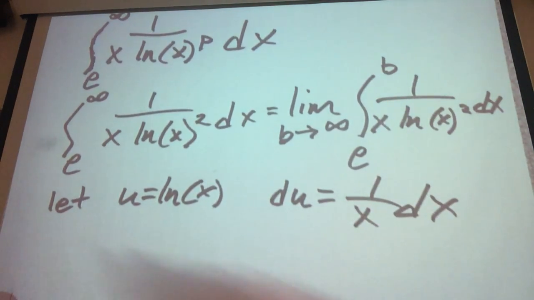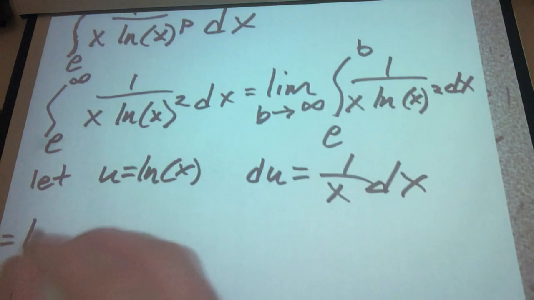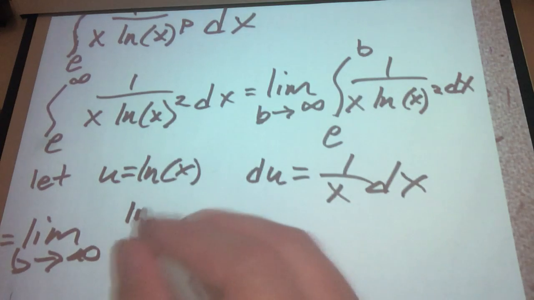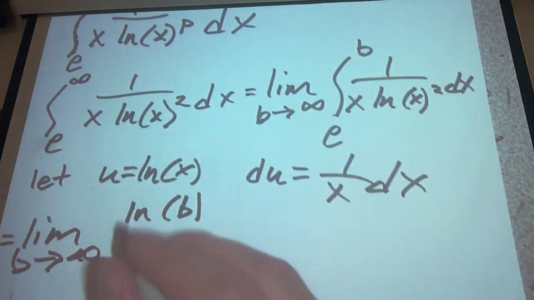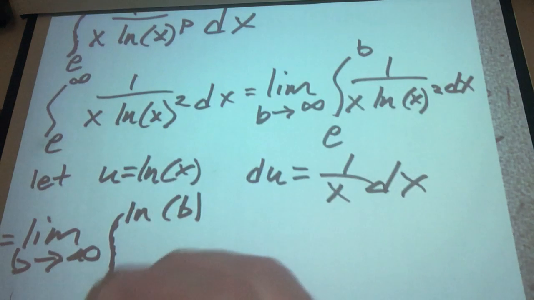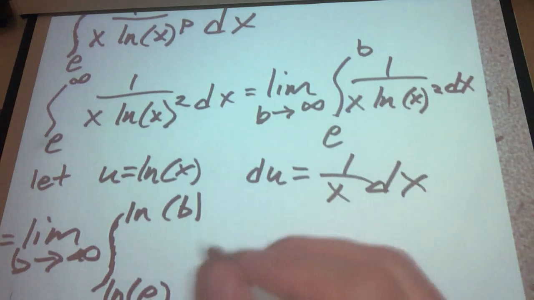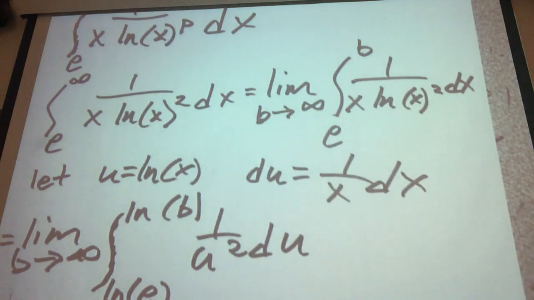And so the reason that it's really important to put a limit on this problem, because if you do a substitution, this top will become the natural log of b, and the bottom will become the natural log of e, which is just 1, okay? And now this becomes 1 divided by u squared du, okay?